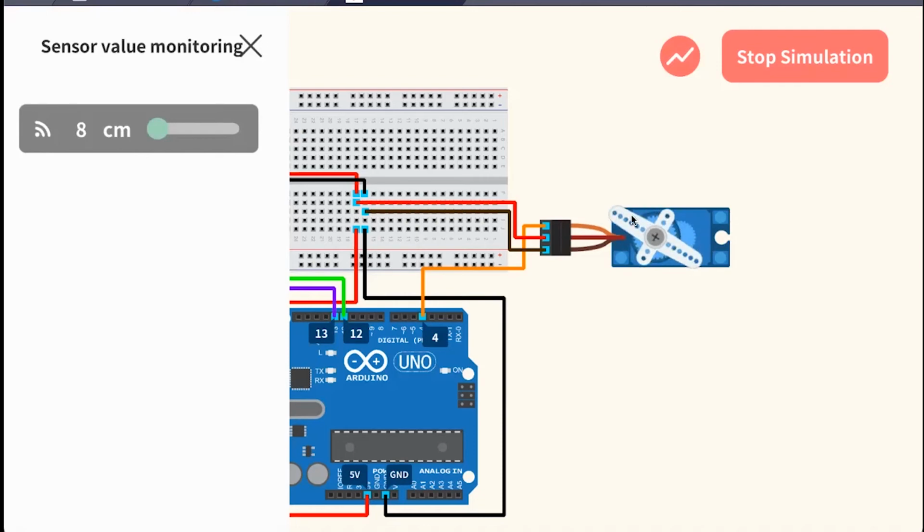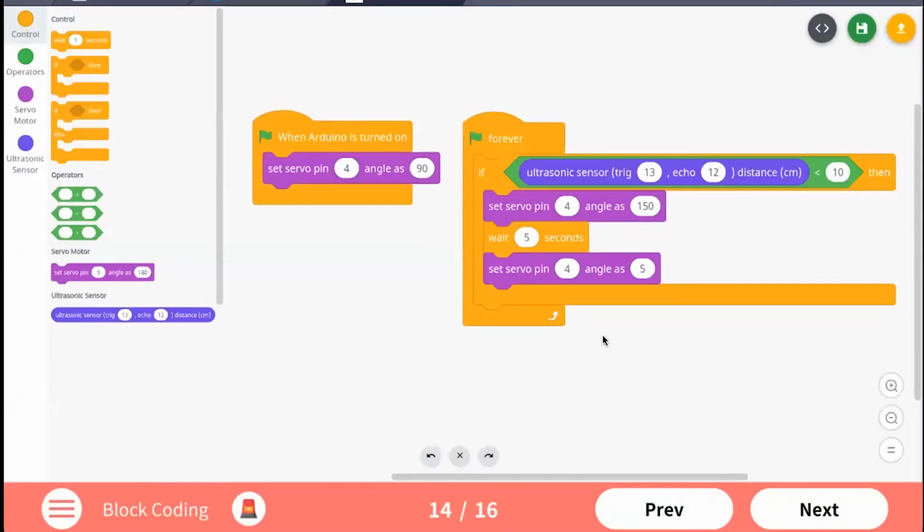The reason why it doesn't go all the way down is because this object is still within 10 centimeters. And watch. Try it again. Now it's above. It will close, which is what we want, right? Because if something is nearby, you want to keep the lid opened. So there we go. So now let's try to actually make this in real life.